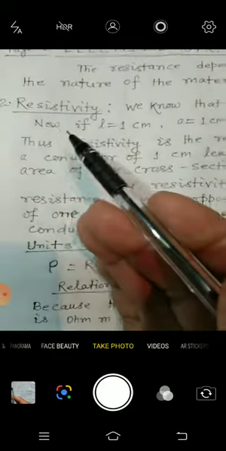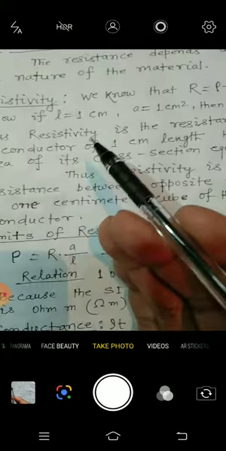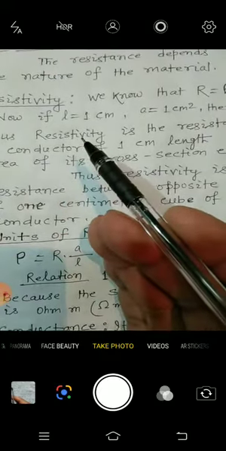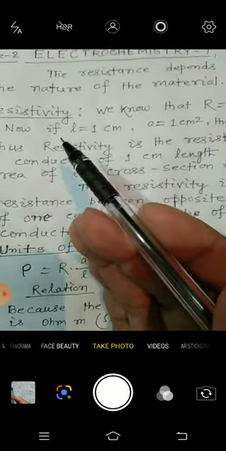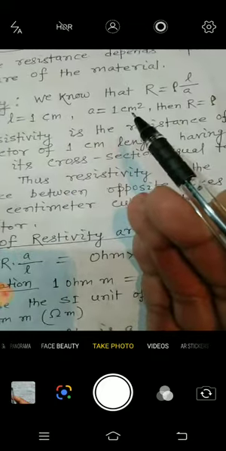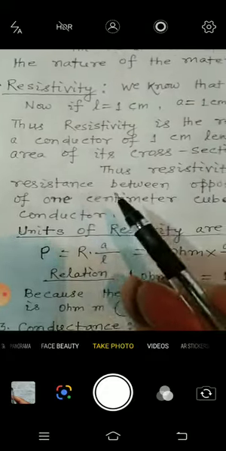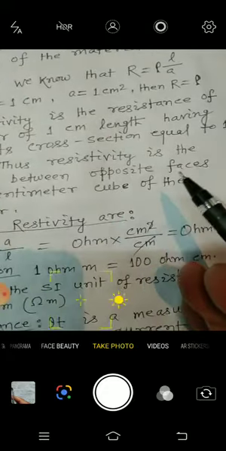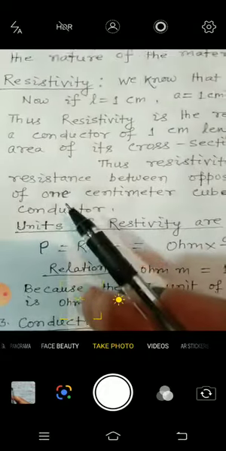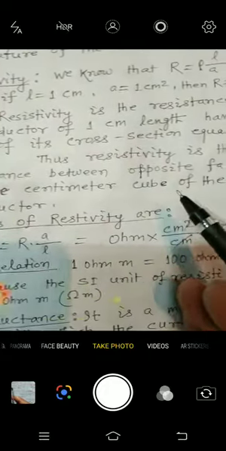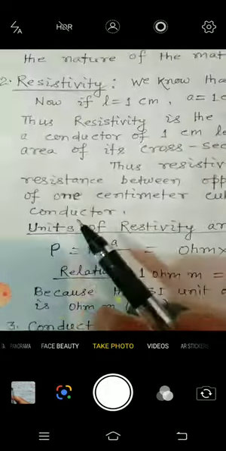So see it, what is resistivity? Resistivity is the special case of resistance when the length is 1 and the area is 1 centimeter square. Hence resistivity is the resistance between opposite faces of 1 centimeter cube of the conductor.